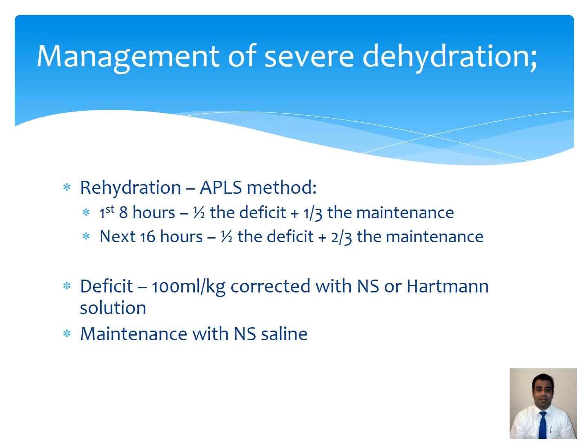Maintenance is basically given equally over a 24-hour period, right? So deficit is 100 ml per kg, normal saline or Hartmann's, maintenance normal saline. This method is better than the WHO method because it gives you a more gradual correction of the dehydration.